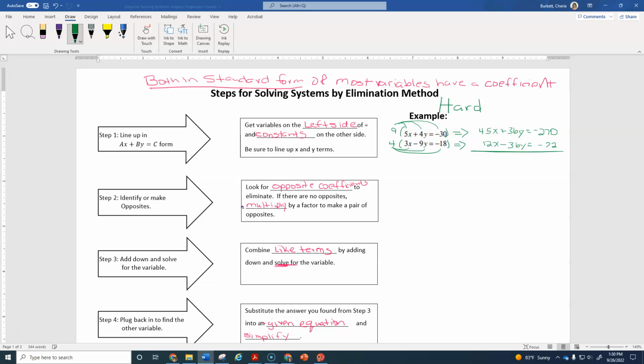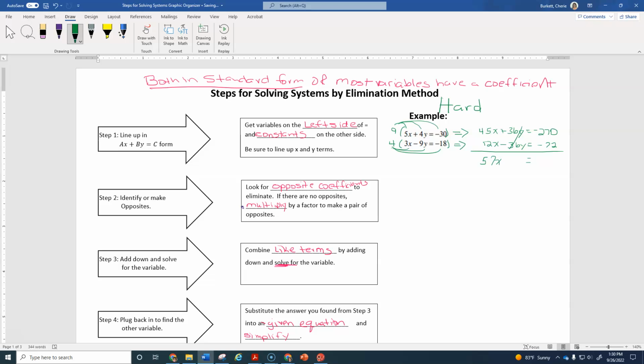Those are opposite coefficients. So I'm down here now on step number 3, where I combine like terms. I didn't have to do anything for step 1. They were already arranged. Step 2 was multiplying by the 9 and the 4. Step 3 is combining the like terms. So 45x and 12x, that's 57x. The y terms add to 0.